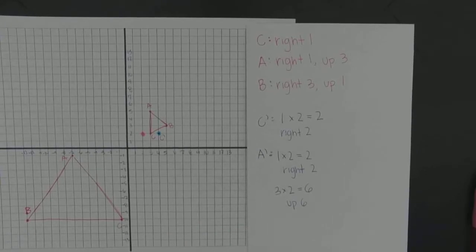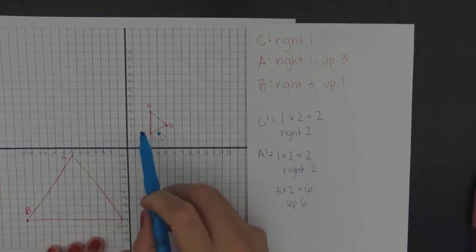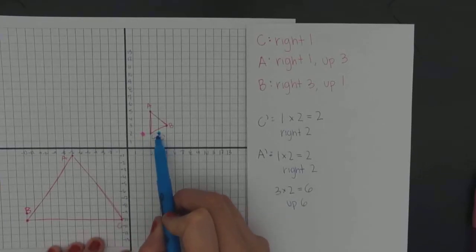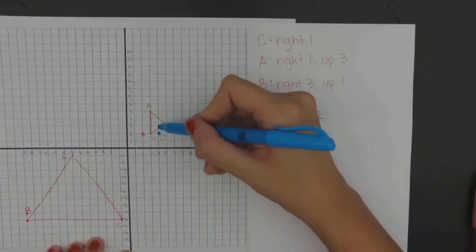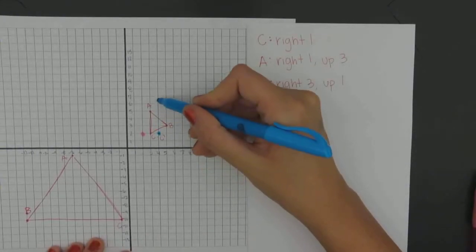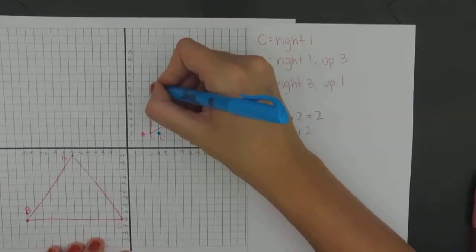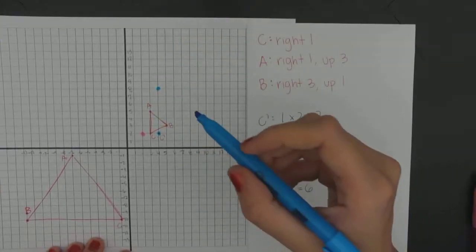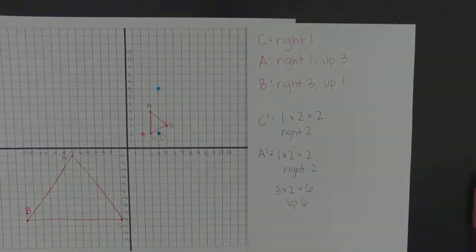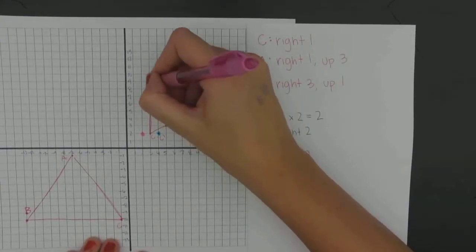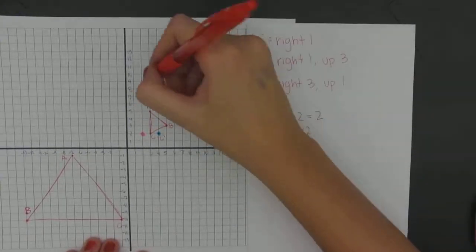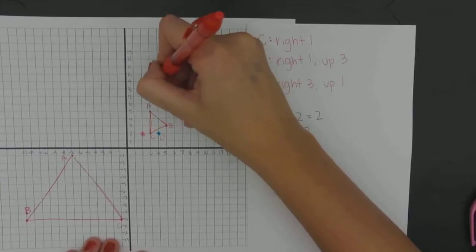You're not counting from any other point. Always count from the center of dilation. So I'm going to go right 2 from here, right 1, right 2, and then I'm going to go up 6. 1, 2, 3, 4, 5, 6. It looks like I'm going to be right there. Okay. I'm going to put a little dot in the middle, and I'm going to label that one A prime because I just found A prime.